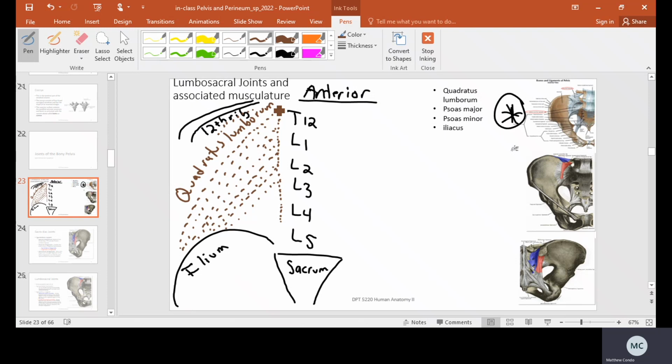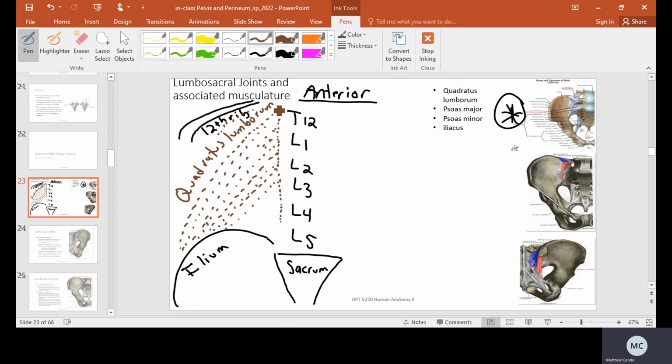Now, quadratus lumborum is going to be very key for a lot of different motions. What it does is either side bend, so laterally flex my lumbar spine. The other big thing it does, and this is where we as physical therapists need to be really key, is hip hiking.